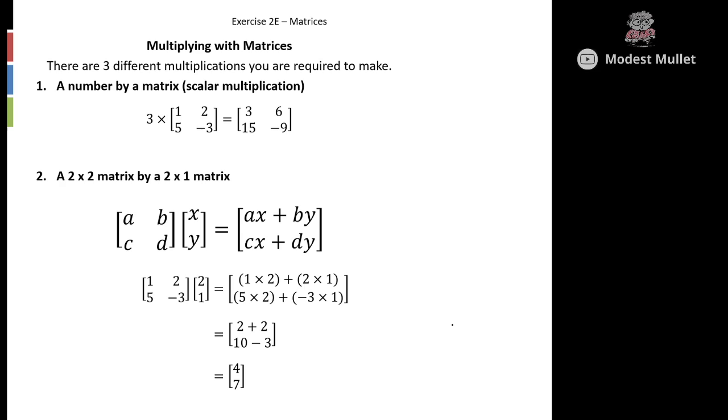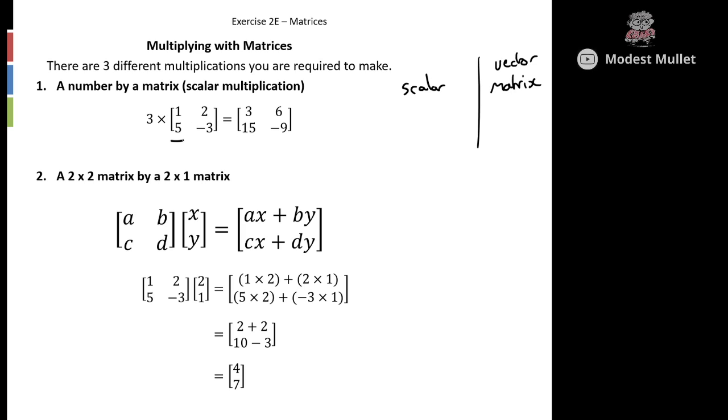Rightio. Now there's two main types of matrix multiplication in notation. We have scalar multiplication, and then we just have pure matrix multiplication, sometimes also referred to as vector multiplication.